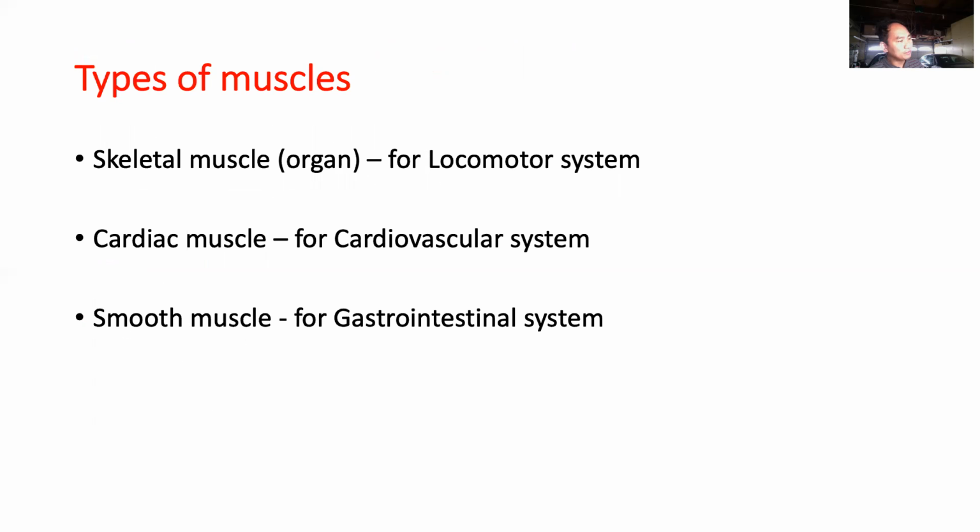Together with bone, it makes the musculoskeletal system, which gives us a locomotor function. So it's a locomotor system. We are not going to talk about cardiac muscle or smooth muscle, which is for the gastrointestinal tract.